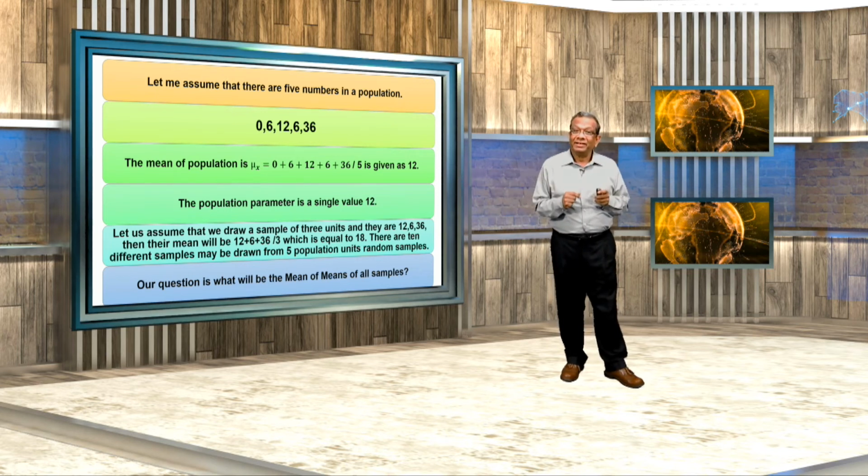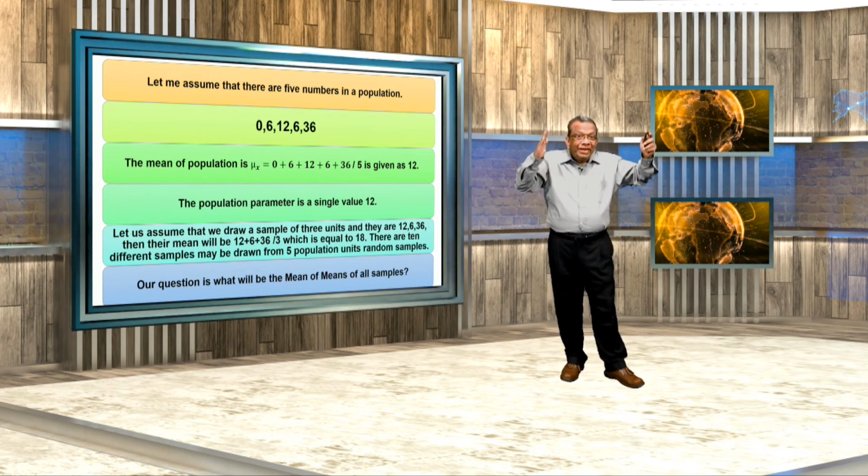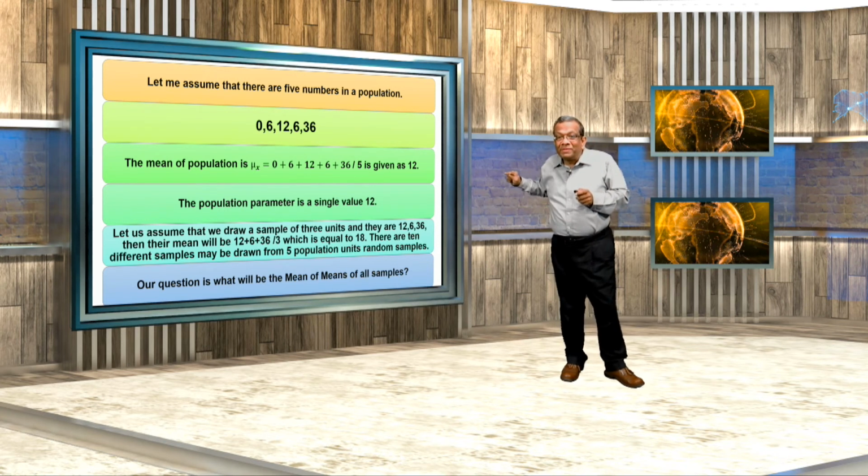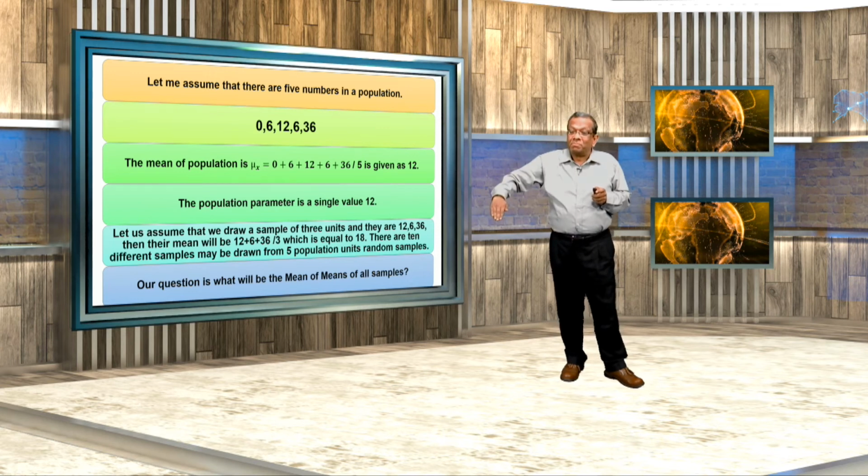That is, if you have samples of size 3 drawn, which are exhaustively 10 different samples, you find the mean of the first one, second one, third one, fourth one, fifth one, and then find the mean of all the samples. What will that be?